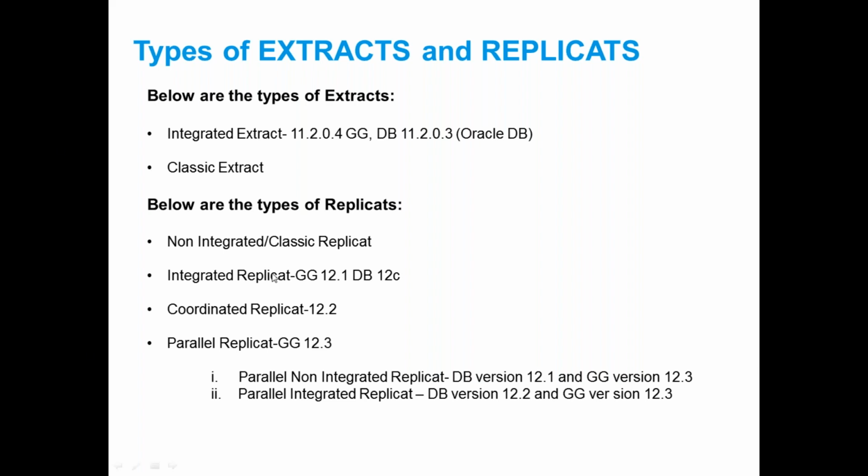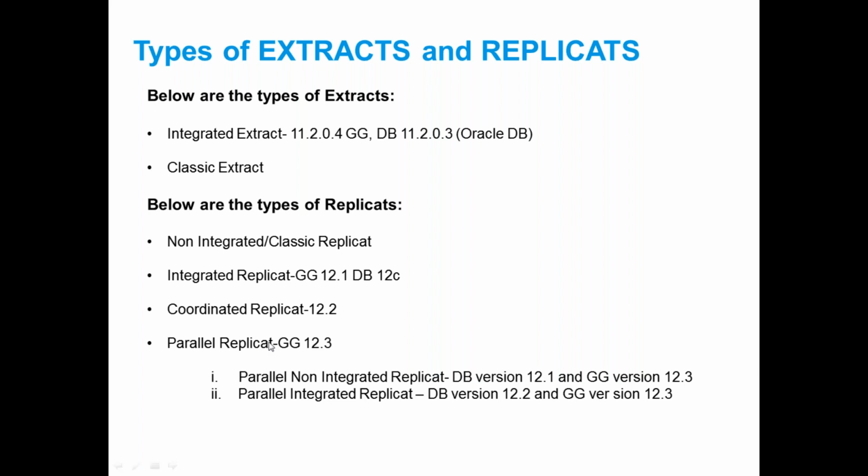There are two integrated replicate types. It is available from Golden Gate version 12.1 and database version 12c. Then there is coordinated replicate, which is available from Golden Gate version 12.2.